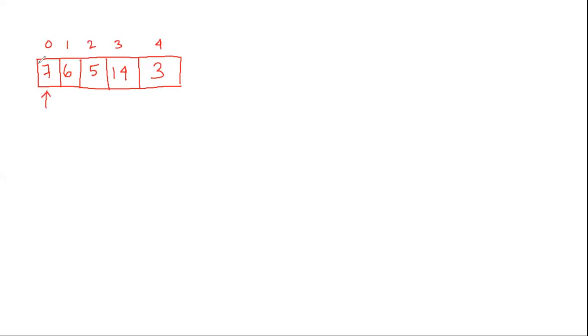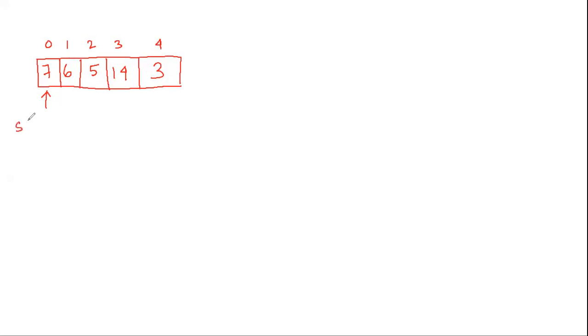I will start from the 0th location, and I will compare each location. So suppose I am starting with this value 7, I will compare 7 with my next element. If the next element is smaller than this 7, I will update the value of my small variable.